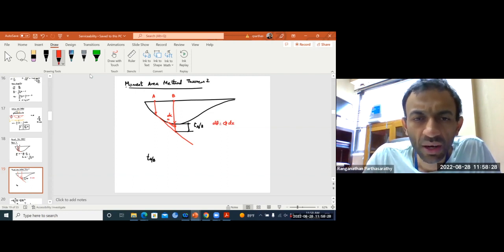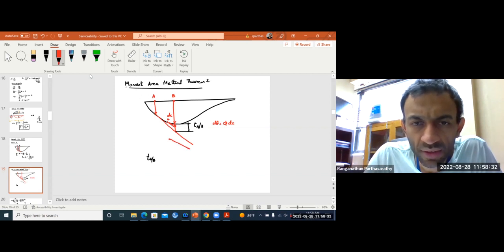Let me blow up this figure. It will look something like that. This angle is d theta, and this length is d theta times the distance.